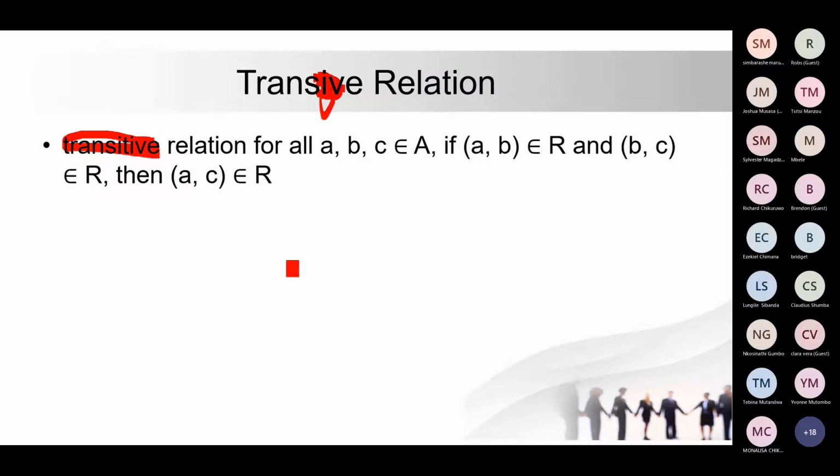A is related to B if and only if A is greater than B. Now assume that A, B, and C are in Z. A is related to B and B is related to C. Therefore, A is greater than B and B is greater than C. We know that for integers, whenever A is greater than B and B is greater than C, we have A greater than C, that is A is related to C, hence R is a transitive relation.